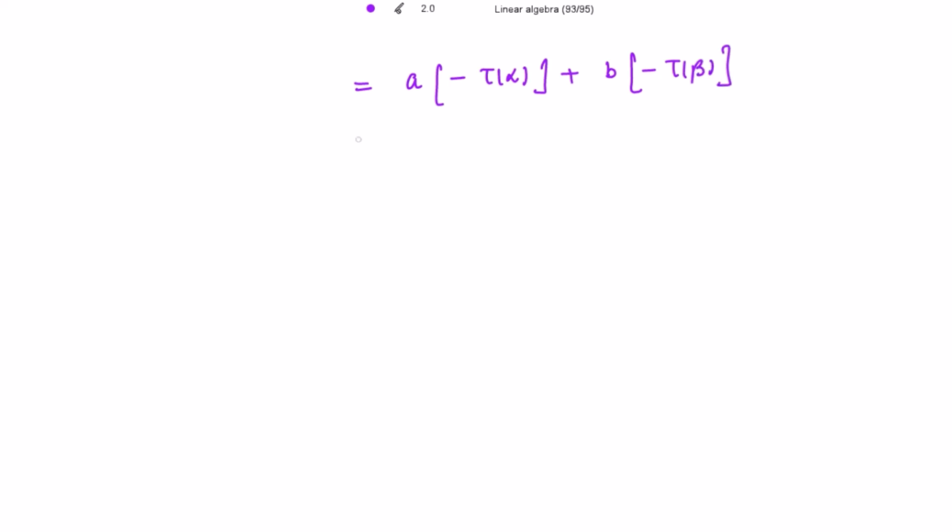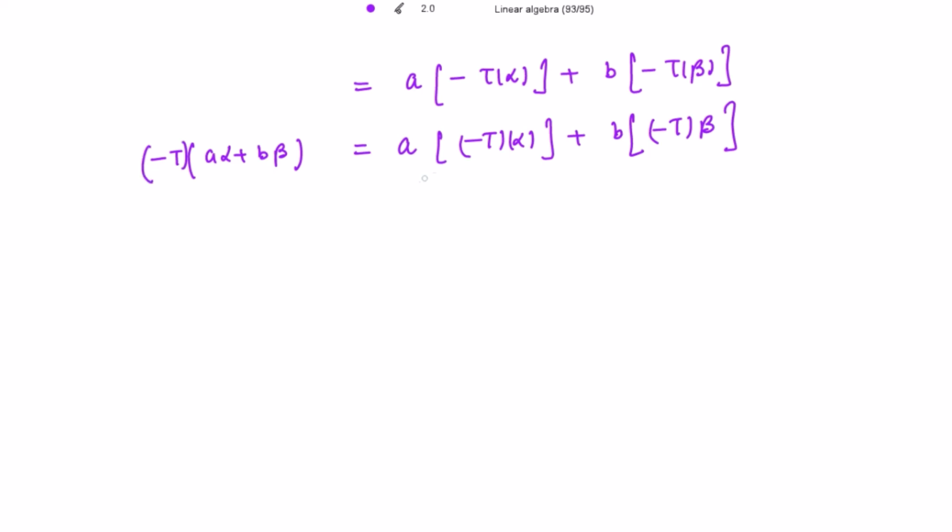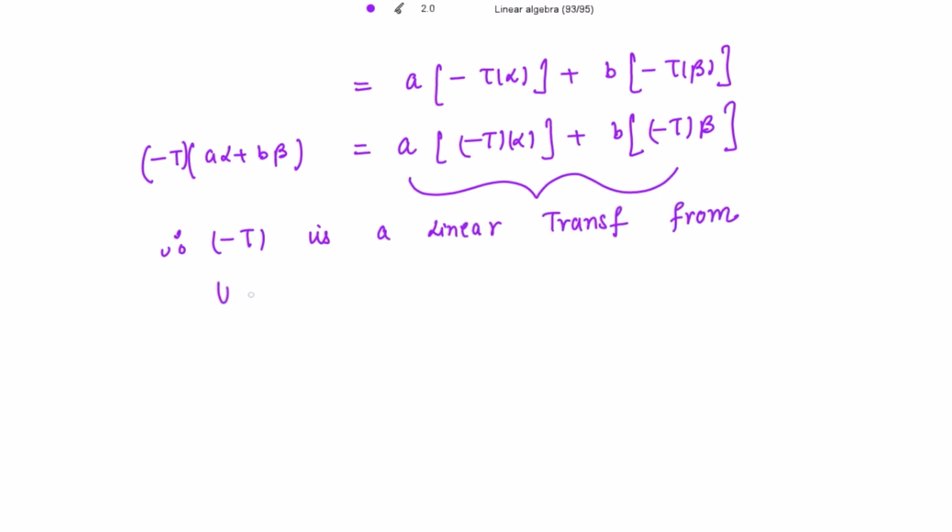And by the definition of the negative of a linear transformation, this is a into (-T)(alpha) plus b into (-T)(beta). So we have shown that (-T)(a alpha plus b beta) is equal to this right hand side. Therefore minus T is a linear transformation from U into V.